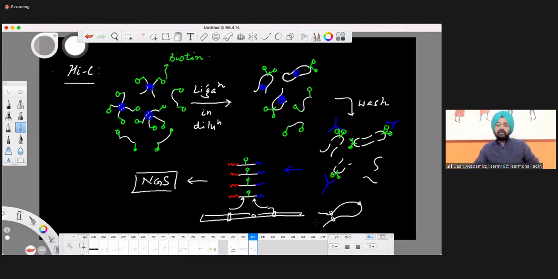Okay, now how do we represent this comprehensive data? Because this is all versus all, right? All the genomic regions versus all the genomic regions. If you take one chromosome, it is all the bins versus all the bins, basically all the restriction fragments versus all the restriction fragments. So generally what we do is make a matrix.